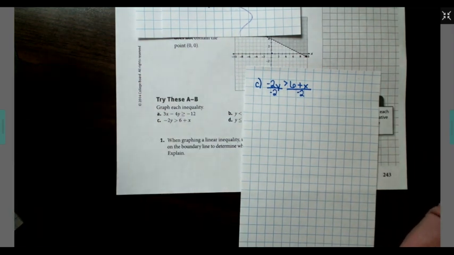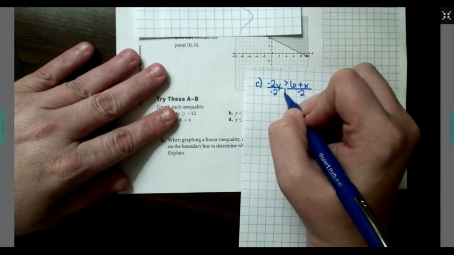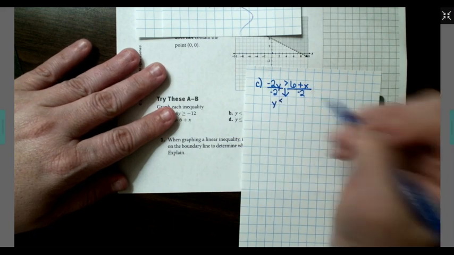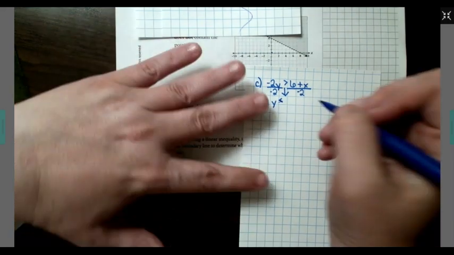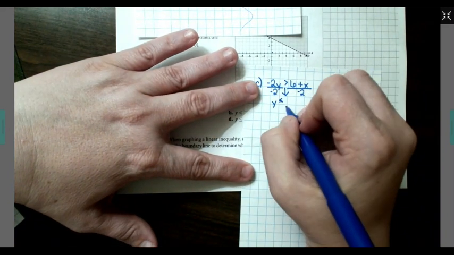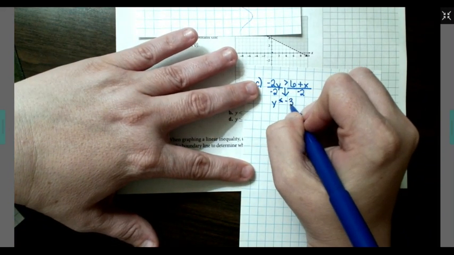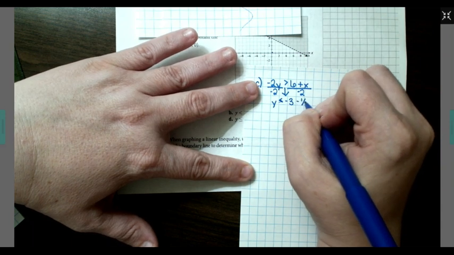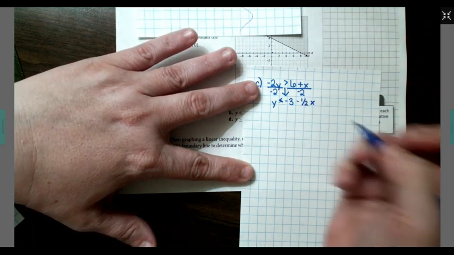Remember, if I divide by a negative, I've got to flip the sign. So we're going to say y is less than 6 divided by -2 is -3, and 1 divided by -2 is -1/2 x.